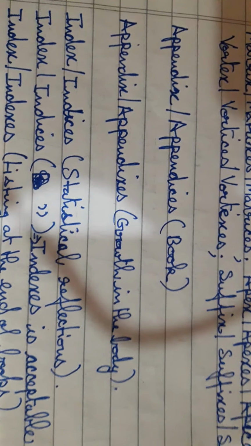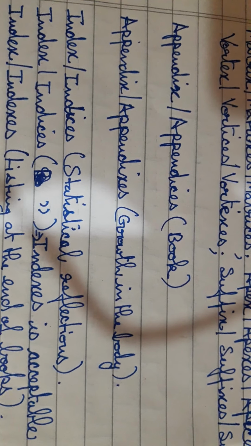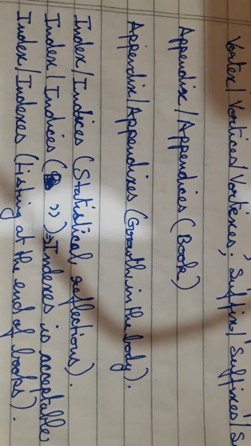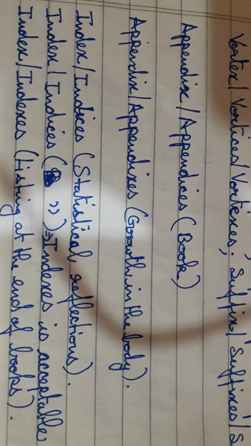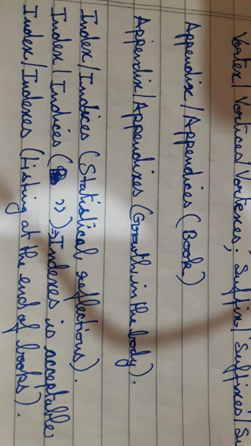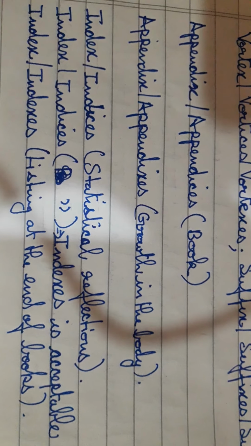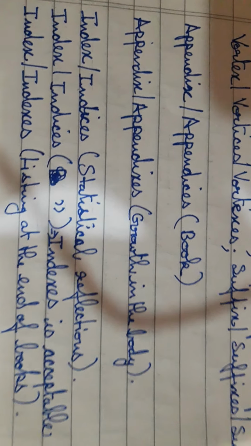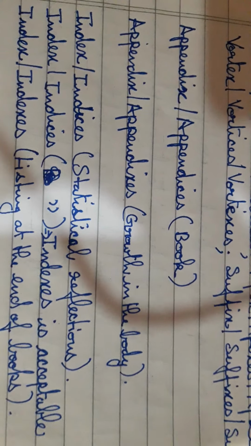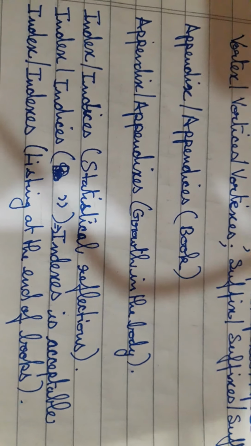So when we are talking about numbers, we can say indices or indexes. But when we are talking about listings at the end of a book, then we'll just say indexes, we'll not say indices. If I say indices over there, it will be wrong. So with the book, remember, it will be indexes, and with mathematics, it could be indices or indexes.